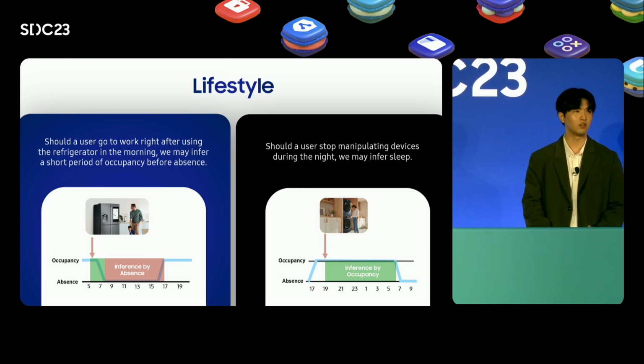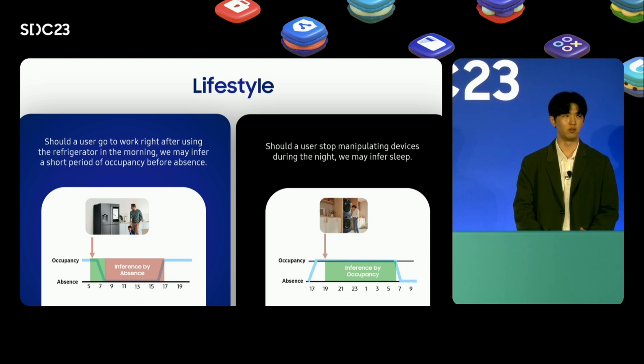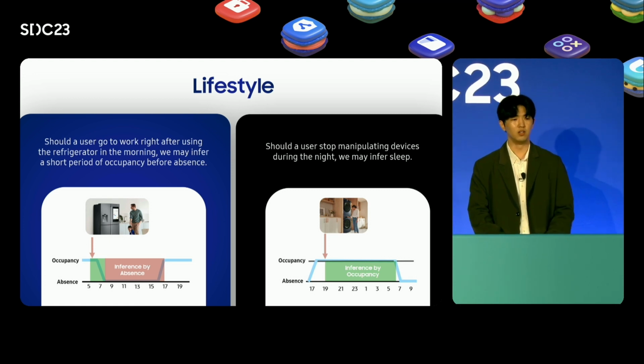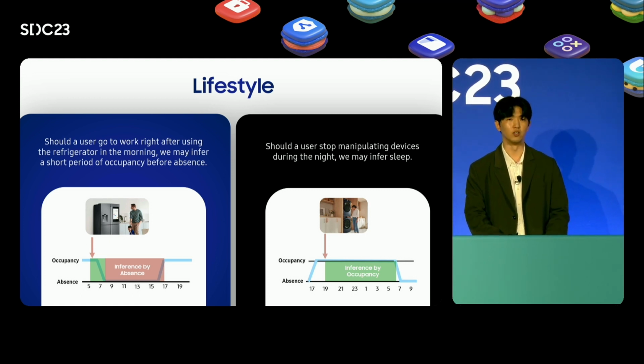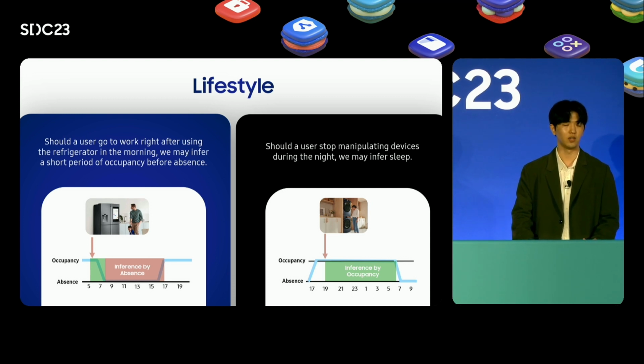Conversely, in the evening when we return home, we often use several devices before retiring for the night. Let's say the last activity was operating the washer before going to bed. Even if there is no subsequent device activity, it's more probable that users remained at home.